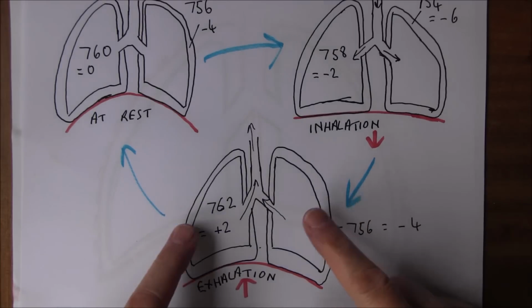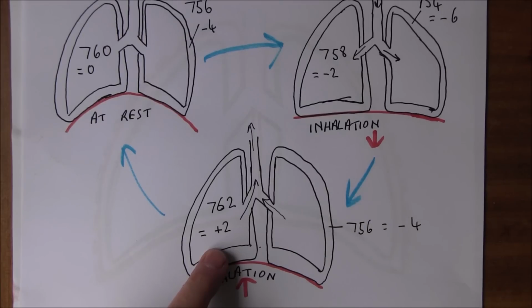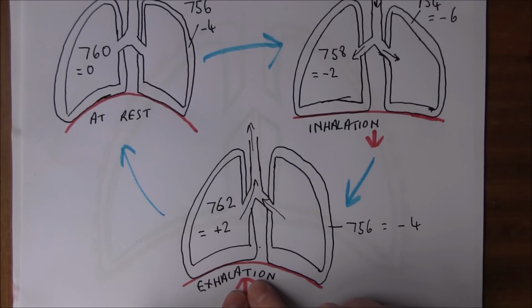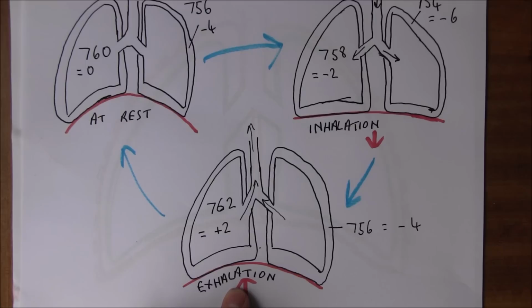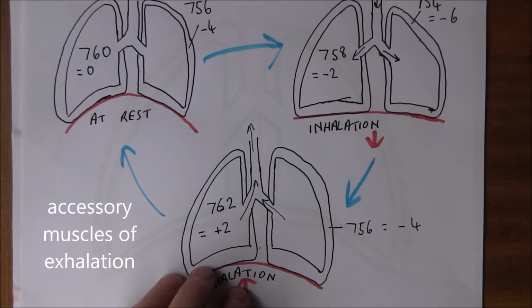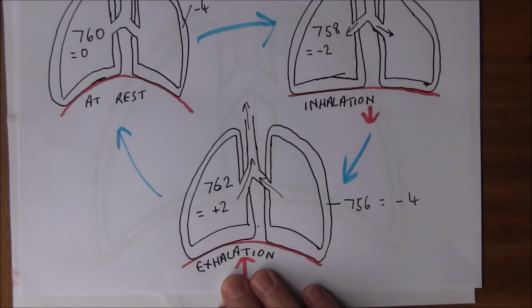Now, as we've said, these are the pressure changes which occur with gentle breathing. With vigorous breathing during exercise, it's going to be much more. And just like the process of inhalation was enhanced by accessory muscles of inhalation, there's accessory muscles of expiration as well. So the abdominal muscles will contract. So the abdominal muscles down here are going to contract.